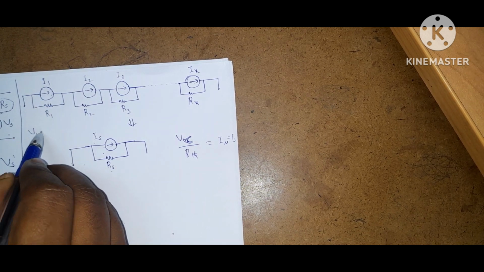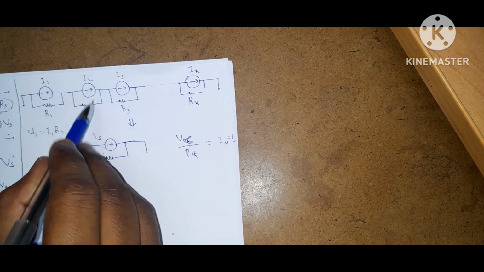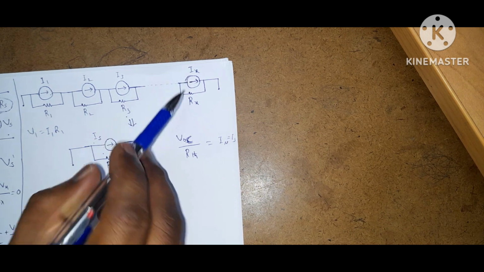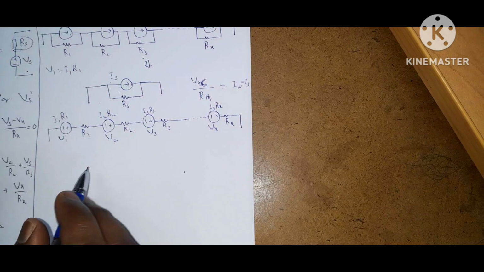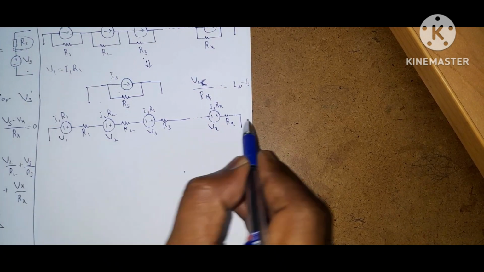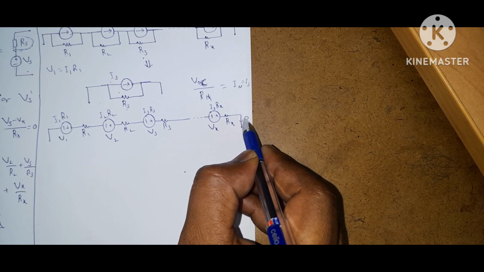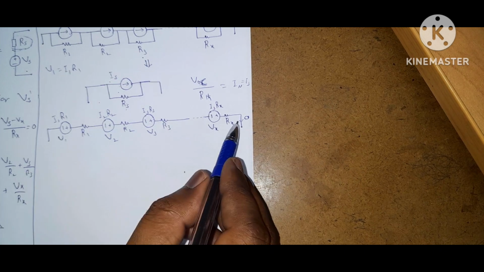If you apply source transformation, V1 is equal to I1 R1. Here V2 is equal to I2 R2. V3 is equal to I3 R3. Vx is equal to Ix Rx. Then circuit becomes like this. If you observe here, this is open circuit. If it is open circuit, what is the current flowing through this network? 0. If current is 0, the voltage drop across all the resistors is 0.